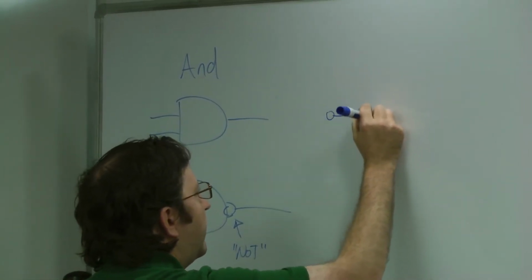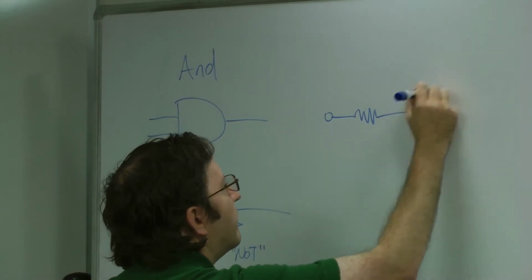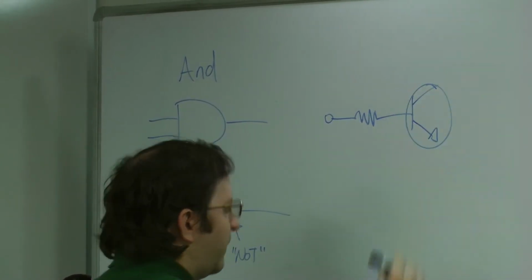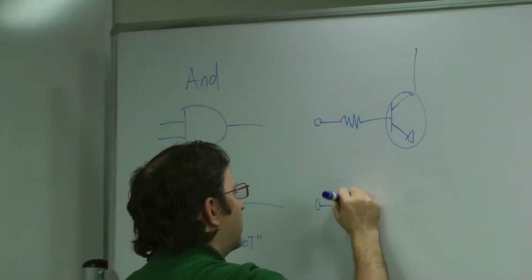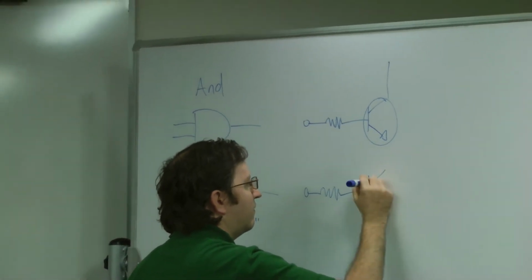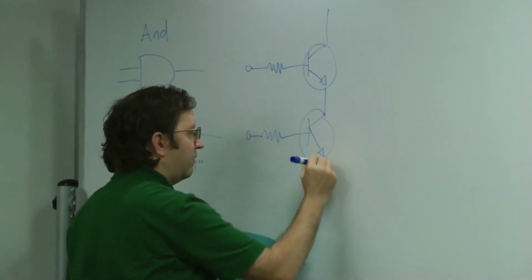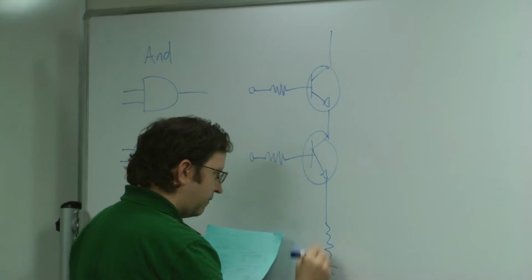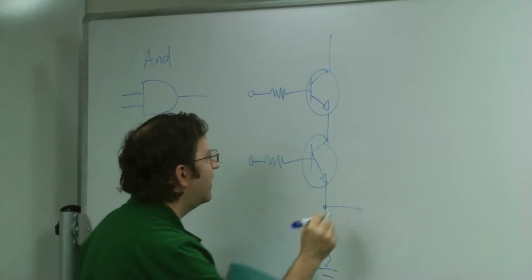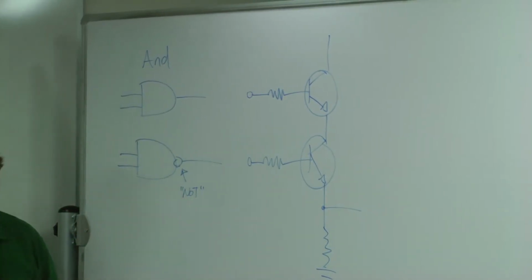For example, using a couple of NPN transistors, an AND gate would look something like this.